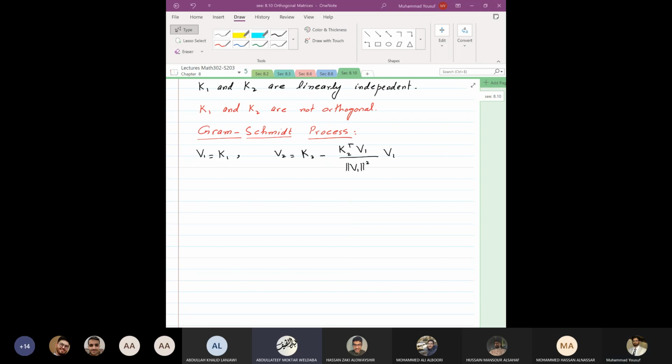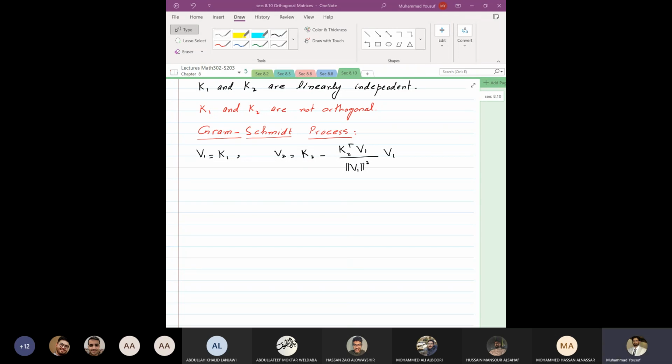So they are not eigenvectors? No. Listen. The set V1 and V2 is orthogonal vectors. Moreover, the set V1, V2, and K3 is an orthogonal set of eigenvectors. They will be eigenvectors, as I mentioned before. You can verify this, and tomorrow I will verify it.